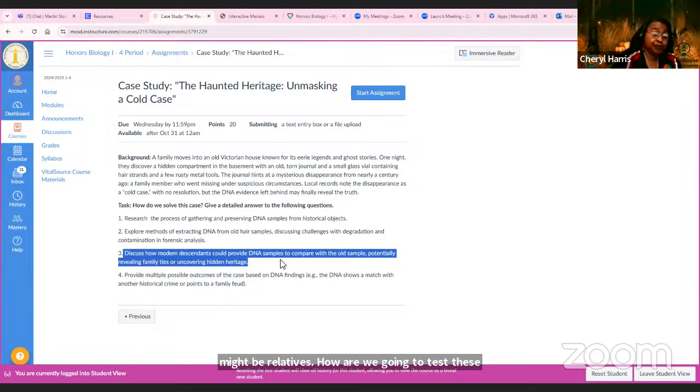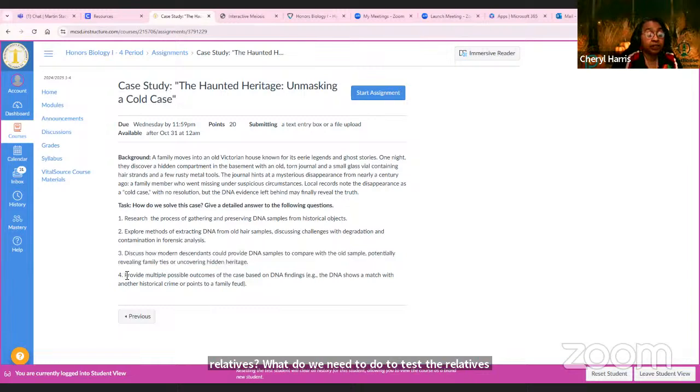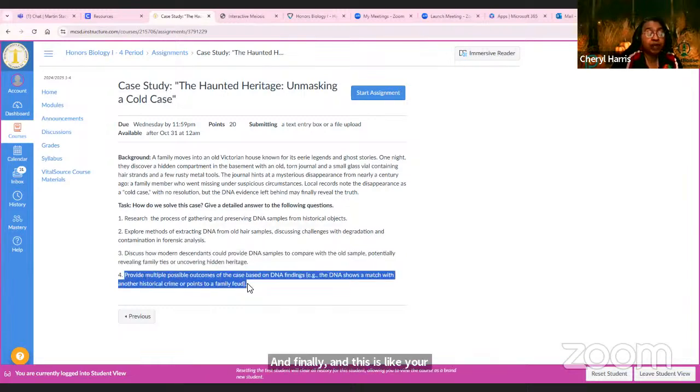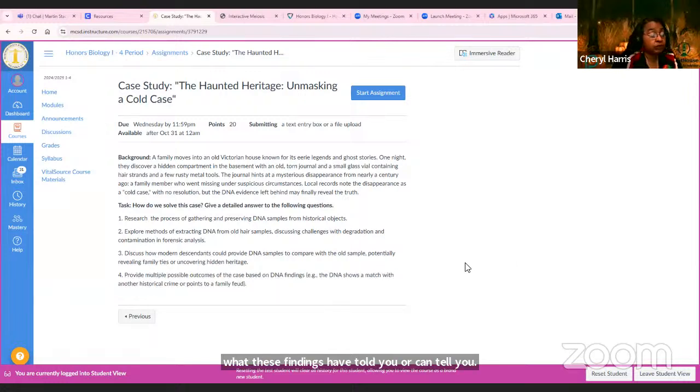And finally, like your conclusion, you want to provide multiple outcomes. In other words, 2 or 3 answers, maybe just 2 possible answers as to what these findings can tell you. So again, this is a research project.